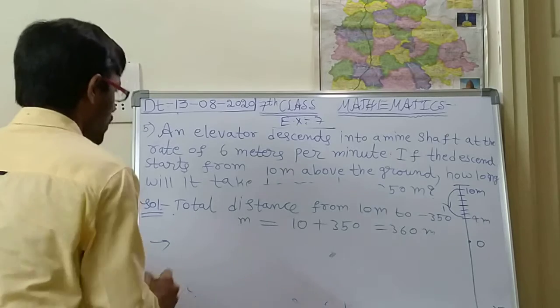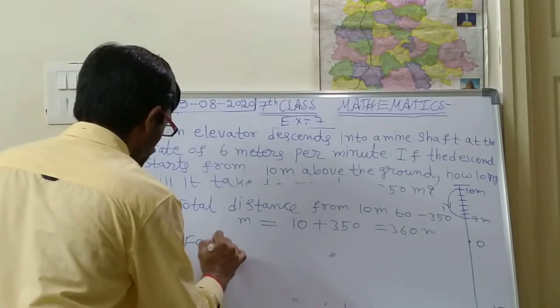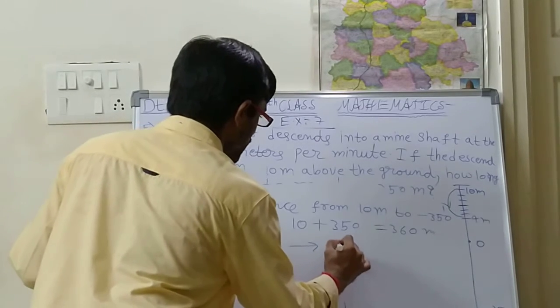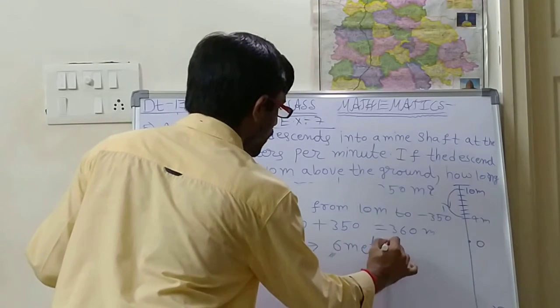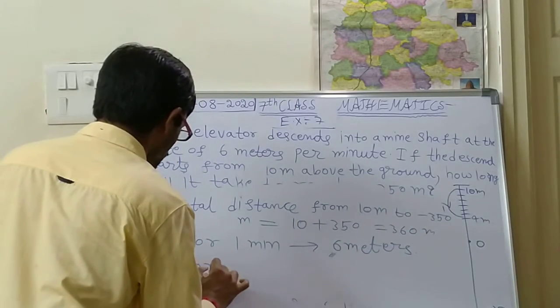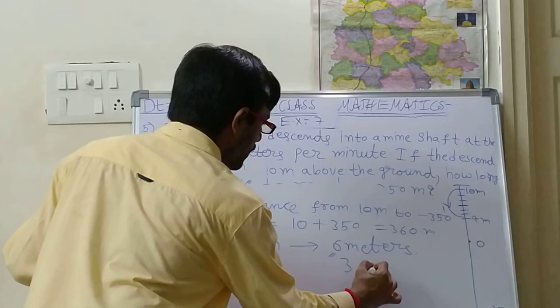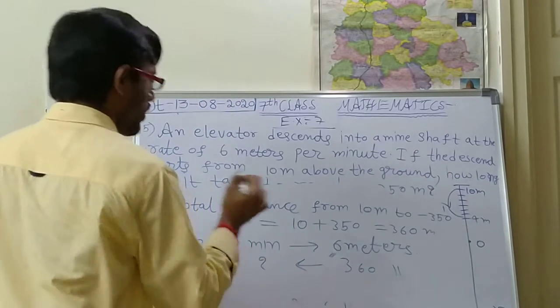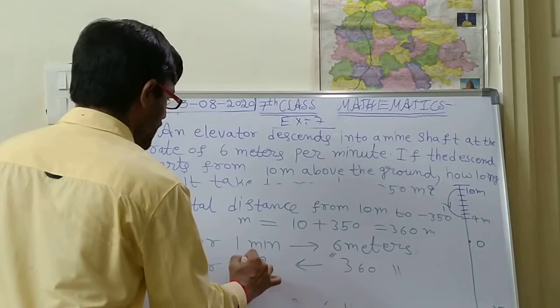Next step is, for 1 minute, 6 meters. Then for 360 meters, how many minutes? So consider this as x.